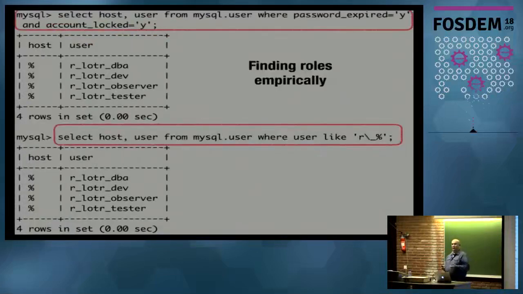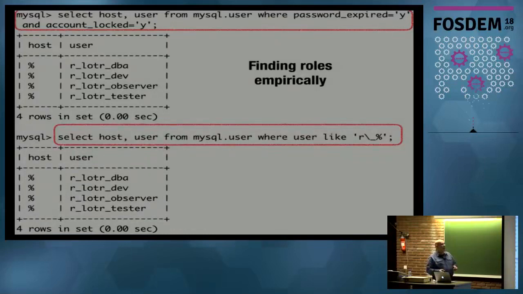Now, using the roles, you can also use some different ways. For example, you can say the ones who have the password expired and account locked, they are roles. But you can have also regular users with the same characteristics.